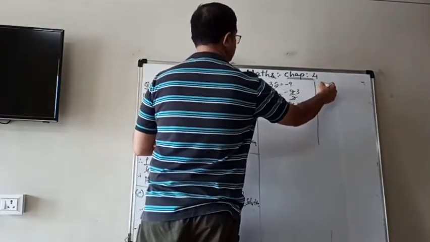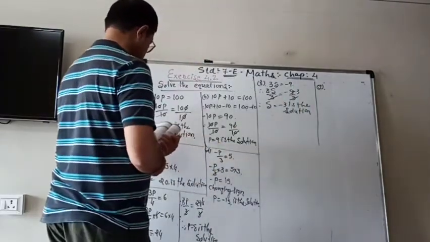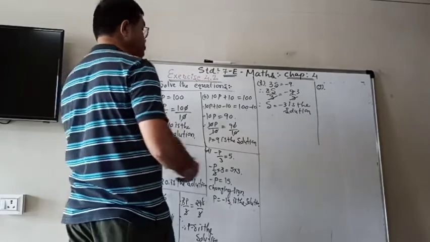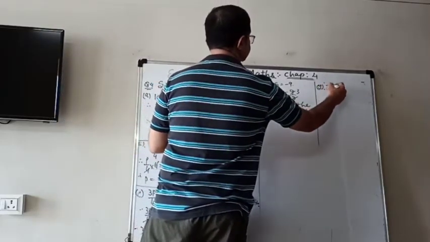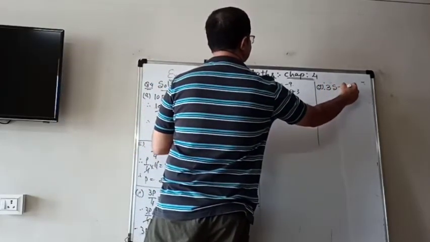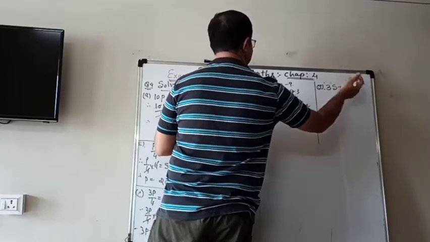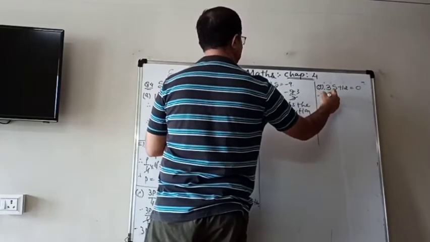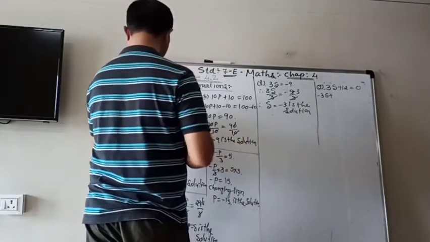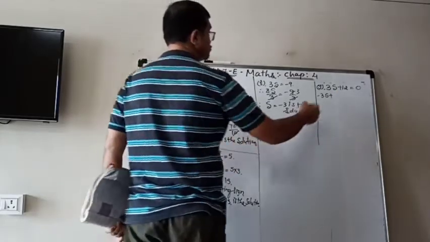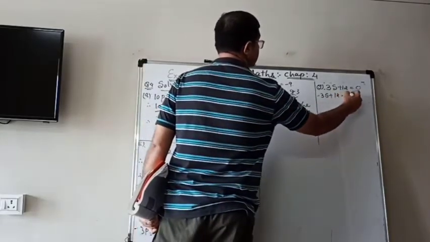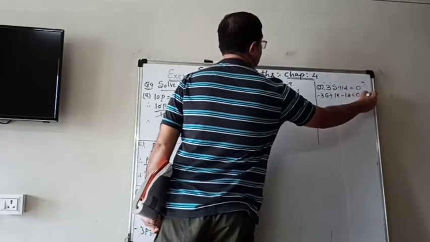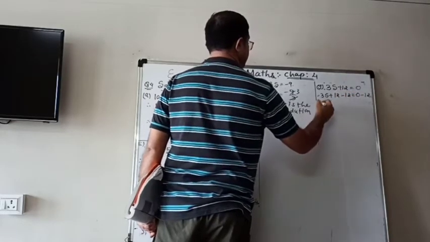Take the next one, G. 3s plus 12 is equal to 0. First we will remove 12. So 3s plus 12 minus 12, 0 minus 12.